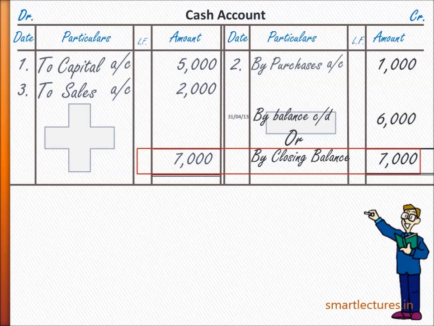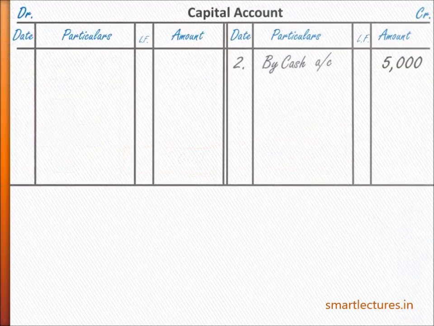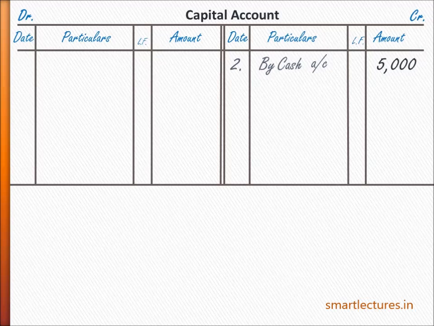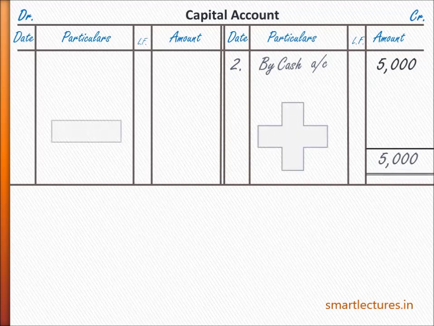Now move to the capital account. On the credit side, the total is 5000, but on the debit side, the total is 0. So you supply rupees 5000 in the amount column, and the date will be 31st March 2013. Be careful.